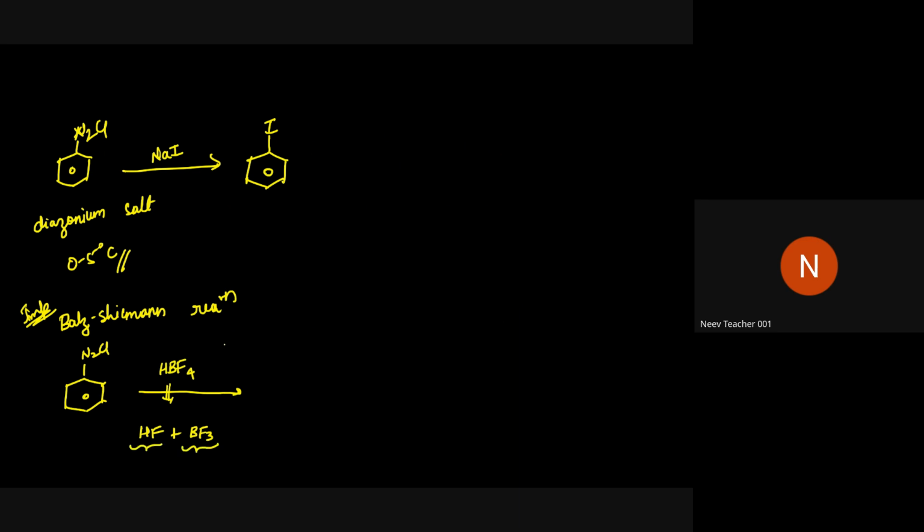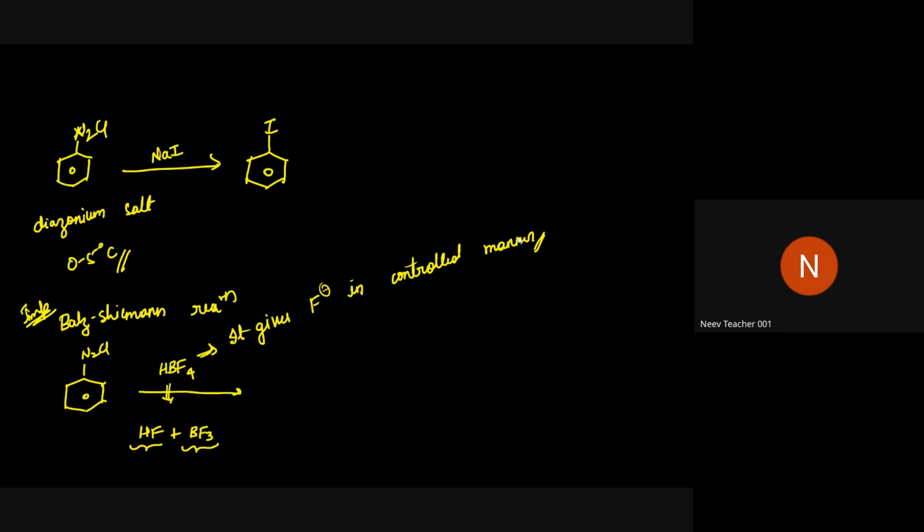What it does is it gives fluoride ion in a controlled manner. Generally, all reactions of fluorine are highly reactive, so it is difficult to control that reaction. We cannot stop the reaction when we want, so it is very difficult to handle.